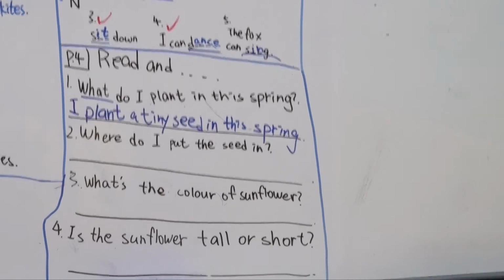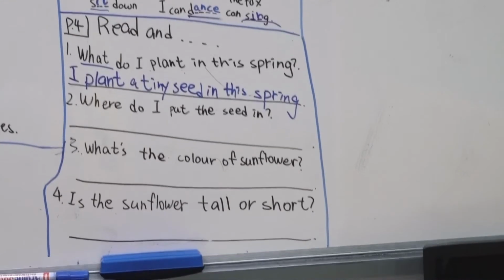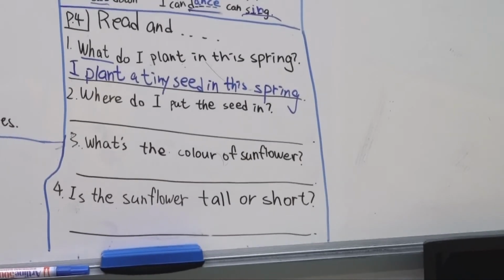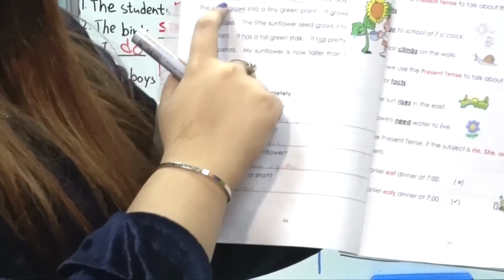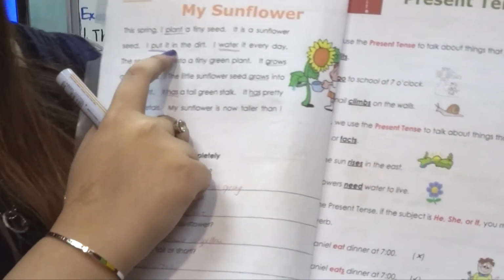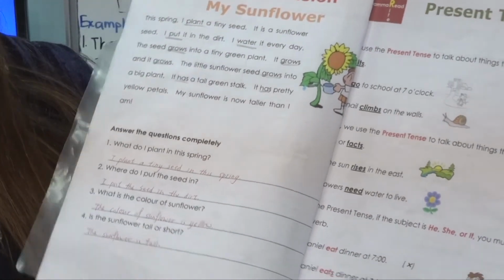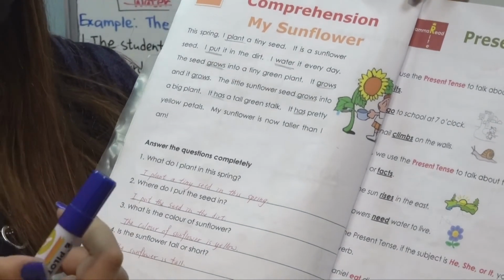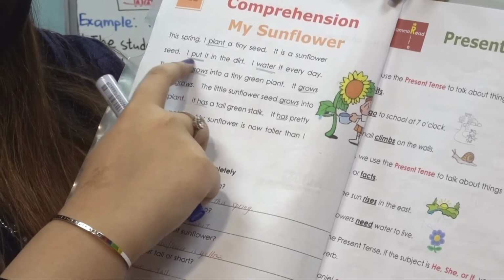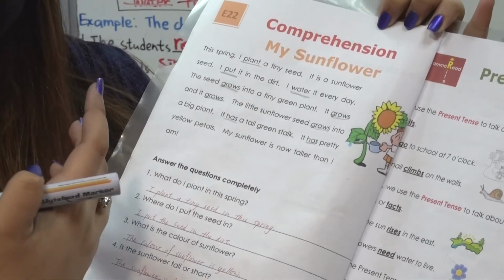Where do I put the seed? So this spring I plant a tiny seed. It's a sunflower seed. I put it in the dirt. Oh, the answer, you can find it.